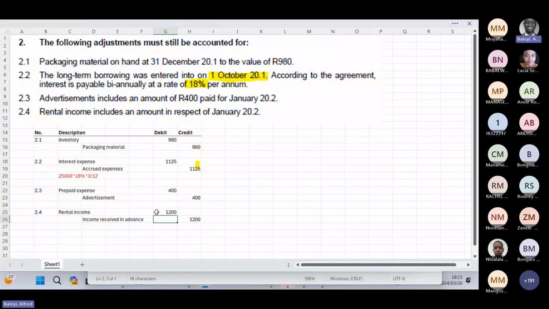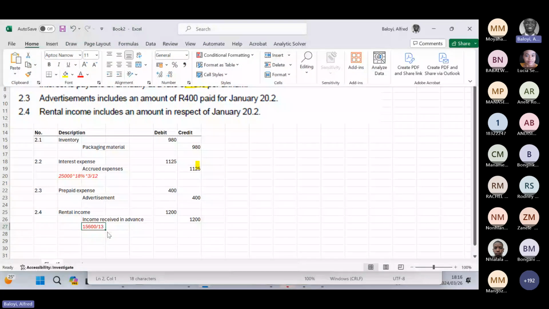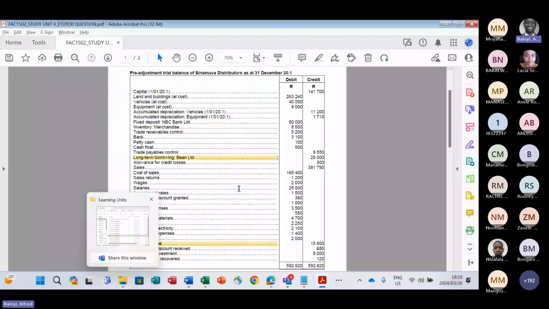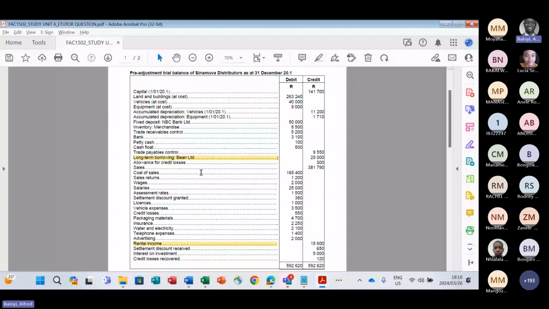So this is the calculation. For the period ending 31 December 20.1, we had rental income of 15,600. This income was for 13 months instead of 12 months.